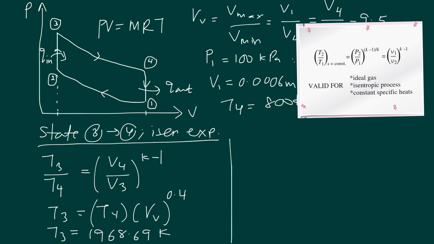So let's say we make use of these pressure and compression ratio relations so that you will get the pressure at 3.